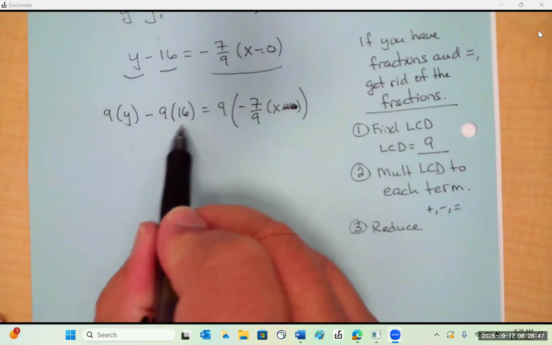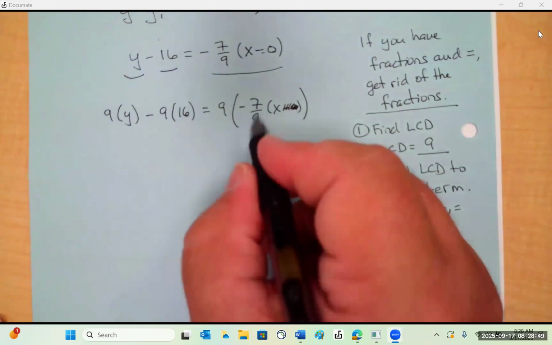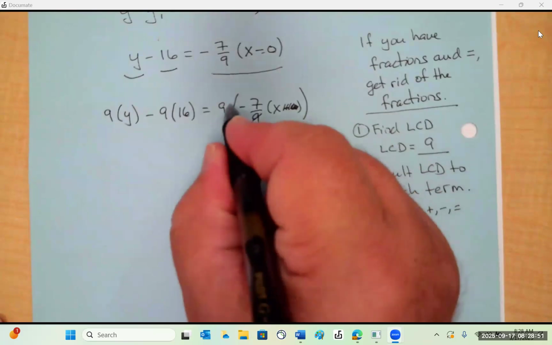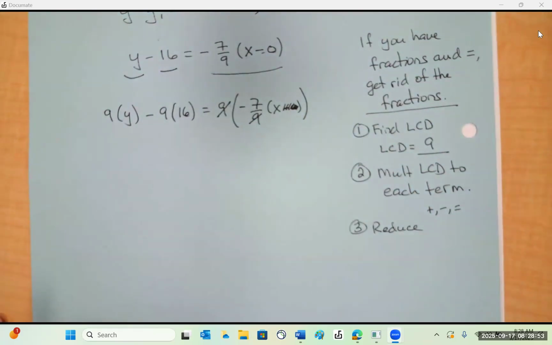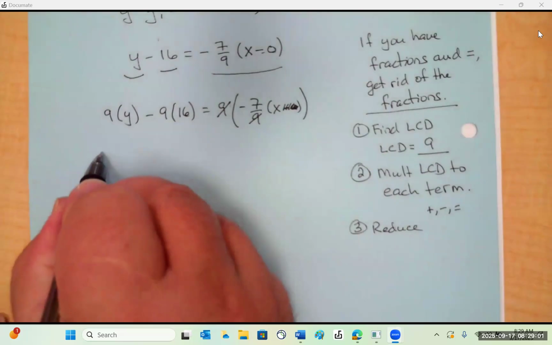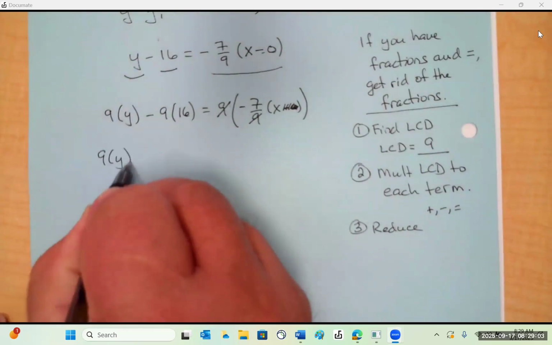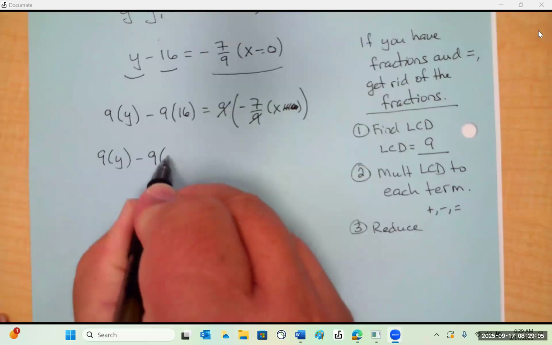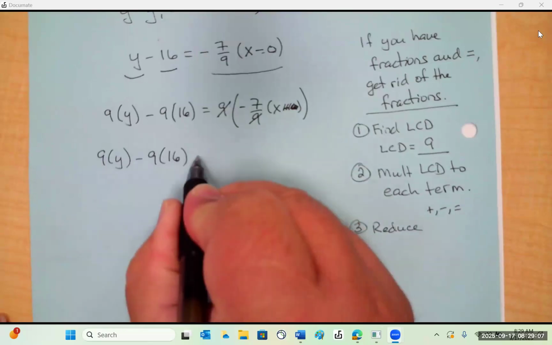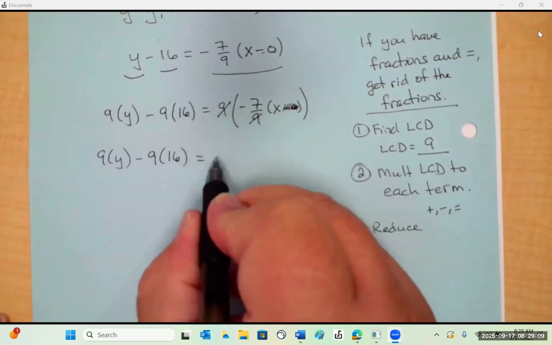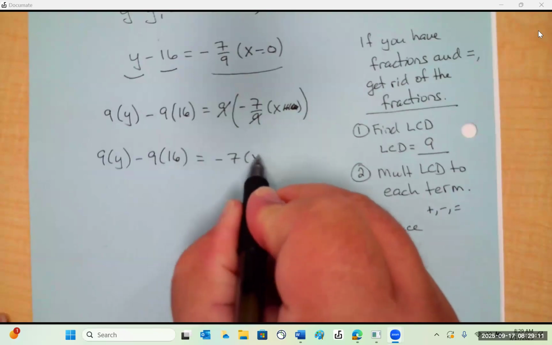No, there's no fraction. Only thing we can reduce is here. 9 goes into 9 one time. Those cancel. You can only reduce if you have a fraction, a top and a bottom number. So that leaves us 9 times y, 9 times 16, and negative 7 times x.